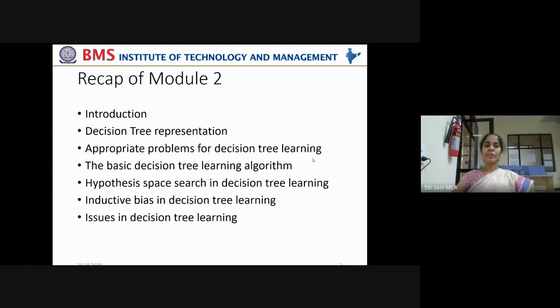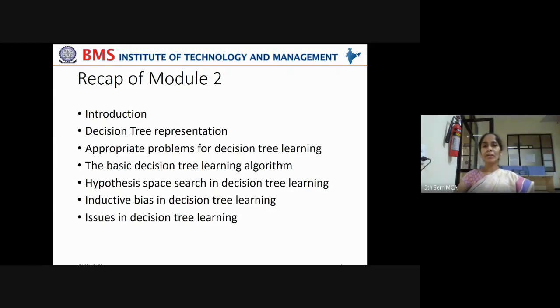And also the issues in decision tree learning we have covered, like overfitting the data, where we may misunderstand it as accuracy is very high, but actually that is overfitting of the data. The machine learning model is learning too much from the data so that it can't generalize well with unseen or new data, right?